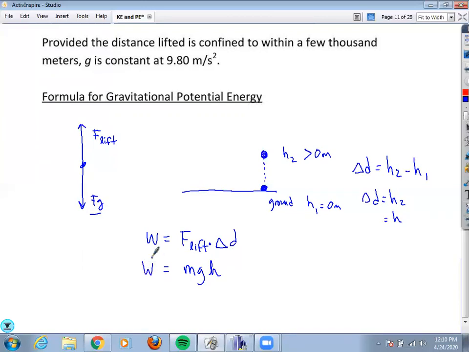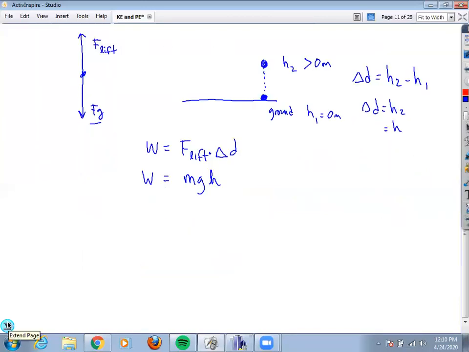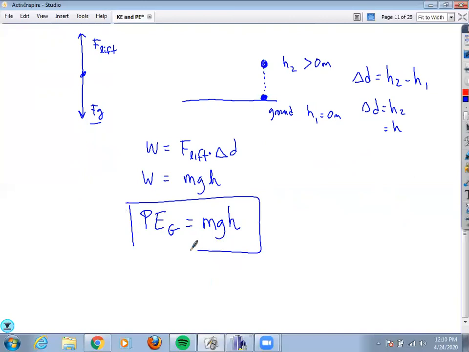And that's the work done to lift an object up. So, it turns out that that amount of work that we do to lift the object up is equal to the gravitational potential energy. So, potential energy, and we call that PEG, gravitational, equals mass times g, that's on Earth 9.8, times h. And that would be the formula for gravitational potential energy.